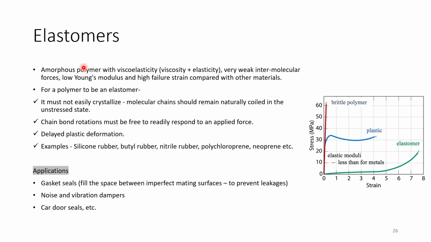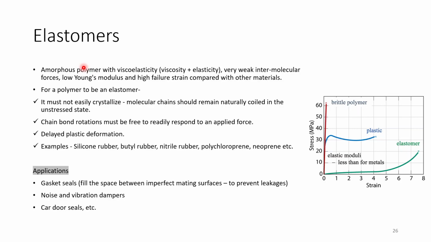Next up, elastomers. In the case of amorphous polymers with viscoelasticity, they have very weak intermolecular forces, low Young's modulus, and high failure strain compared with other materials. For a polymer to be an elastomer, it must not easily crystallize, and molecular chains should remain naturally coiled in the unstretched state, and chain bond rotation must be free to readily respond to an applied force, and it should have delayed plastic deformation.